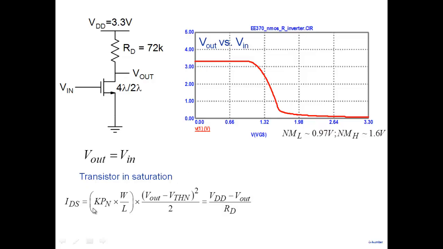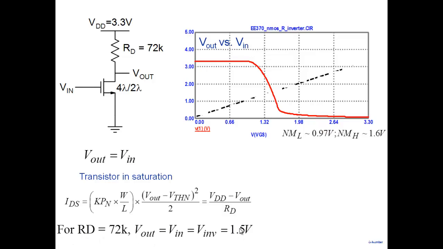So it's in saturation. This is the expression for current in saturation. And this transistor current must be balanced by current in the resistor. So we have this equation here, and you need to solve this quadratic equation. A little bit messy, but you can solve it. For RD equal to 72K, with Vout equal to Vin, we get an inverter threshold voltage of 1.5.